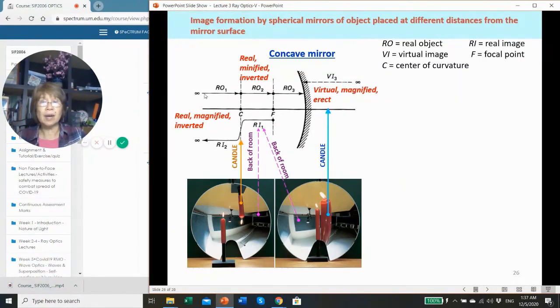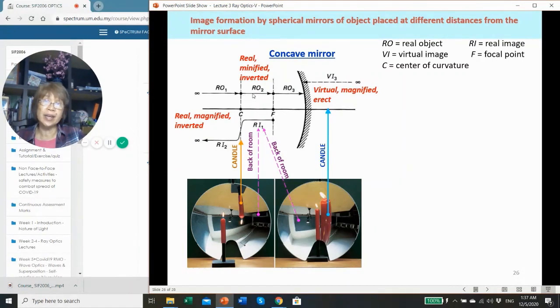As you come nearer and nearer to the center of curvature, the image, which is real and inverted because it is below the line, will go nearer and nearer to the center of curvature. When the object is at the center of curvature, the image is still real and the same size as the object.